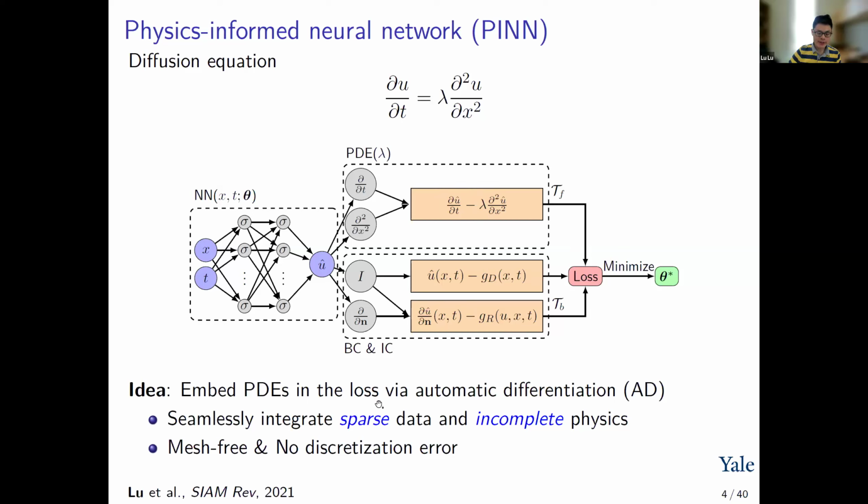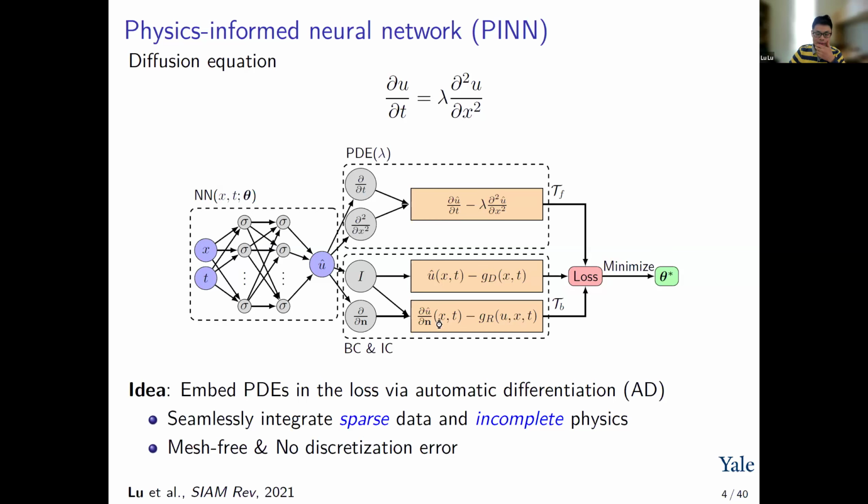So the derivatives can be computed without any discretization error, and it does not require a mesh. So it's mesh-free with no discretization error. This is the first advantage. And also in this framework, we can train a network by integrating both the physics information and the data information. This is the key idea of PINNs.